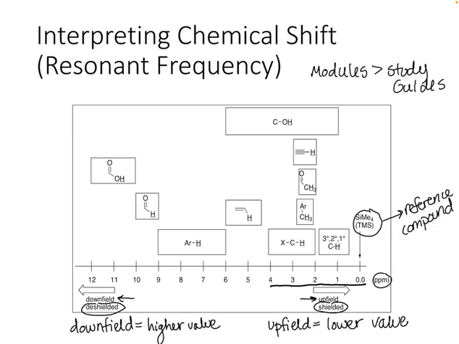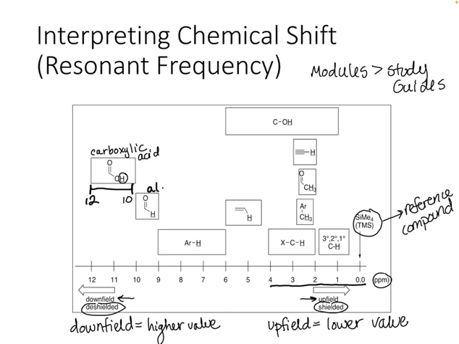if we go all the way downfield, carboxylic acids have a proton on that oxygen. And peaks for carboxylic acid protons will show up anywhere from about 10 to 12 ppm.